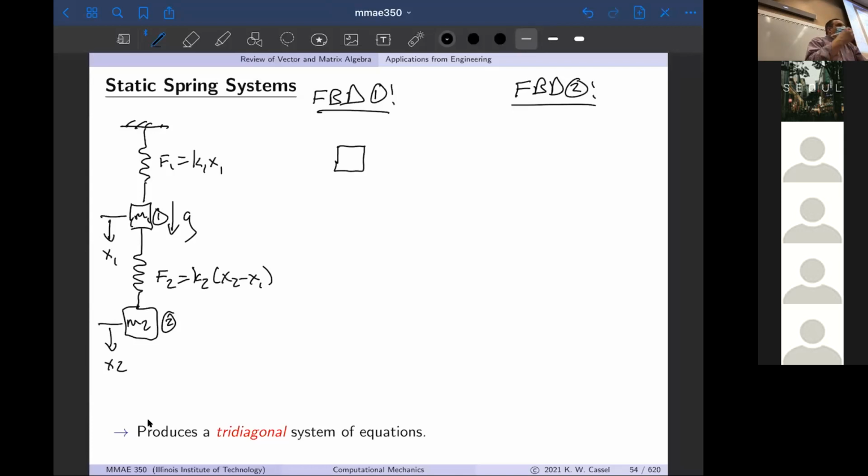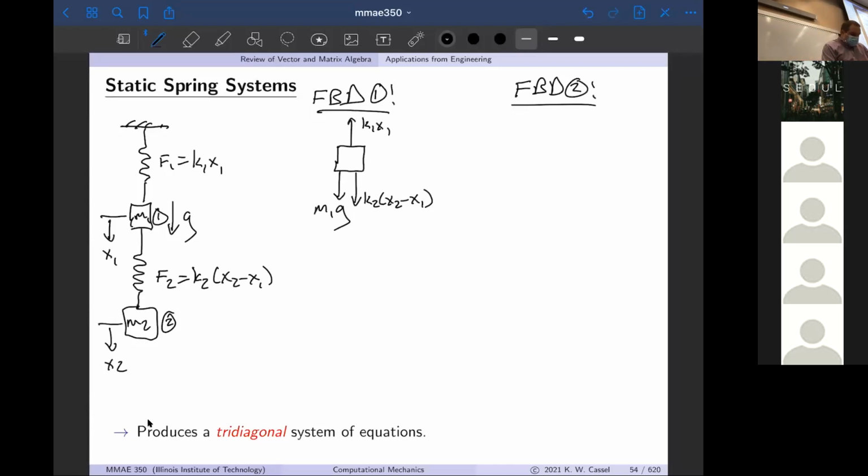And in isolating it, you replace all of the things you cut away with their associated forces. So pulling up is going to be this force F1, which is K1 X1. Pulling down is going to be the force from the other spring, which is K2 times X2 minus X1, and also the mass, M1G, the weight of that mass, M1 times G.